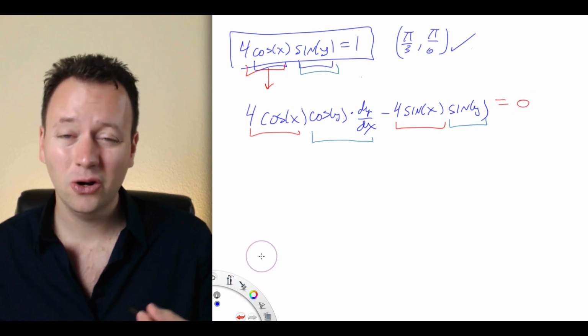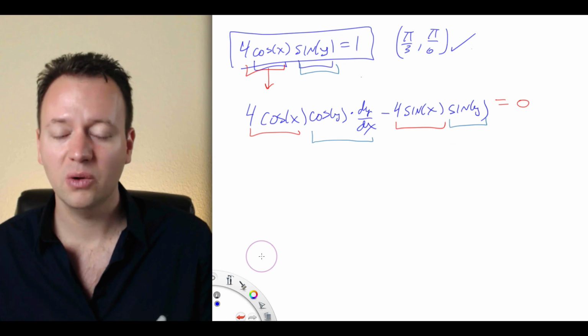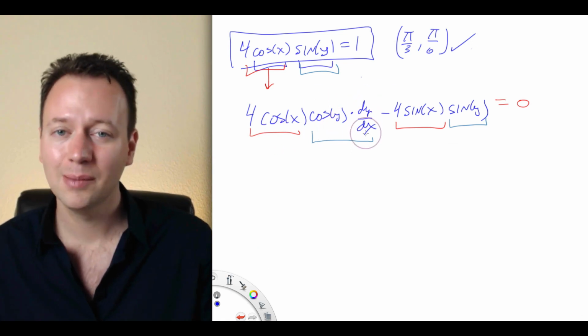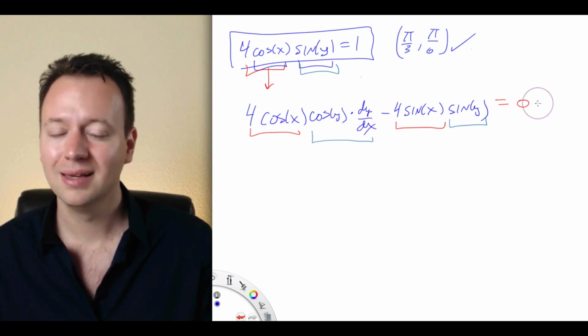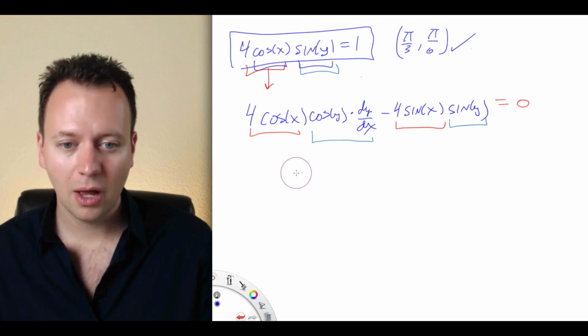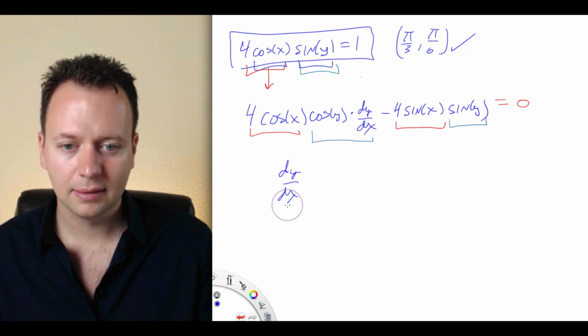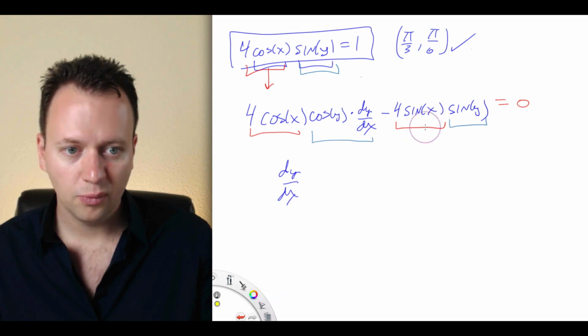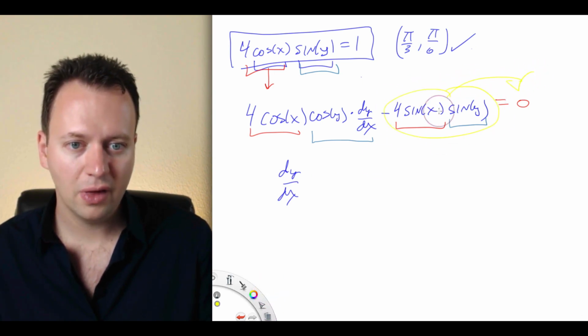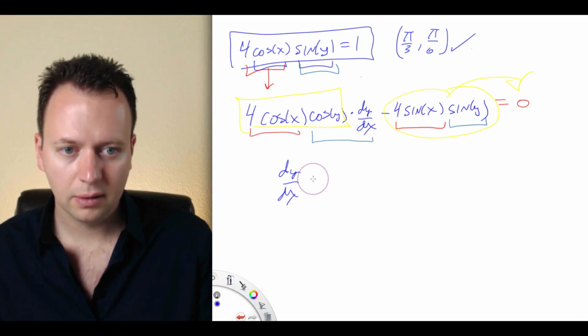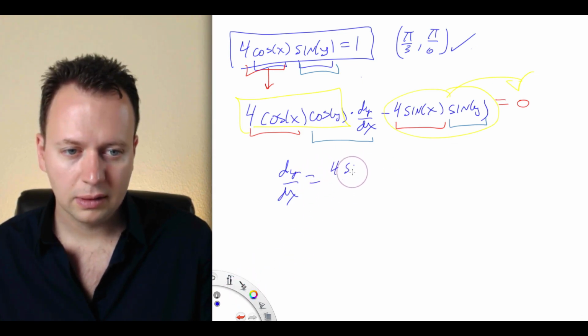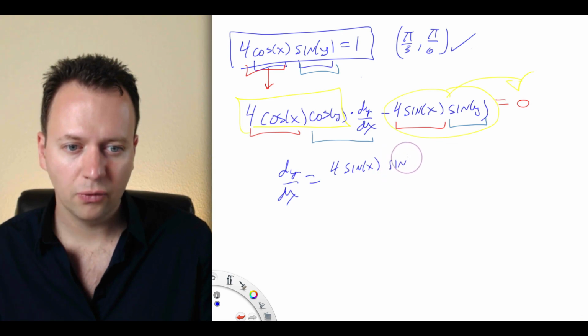Again, this is a linear equation now in terms of dy dx. It's something times dy dx plus something is equal to 0. So we can solve that for dy dx. So this stuff moves over there, and then we divide by this. So it's 4 sine of x sine of y divided by this coefficient, 4 cosine of x cosine of y.